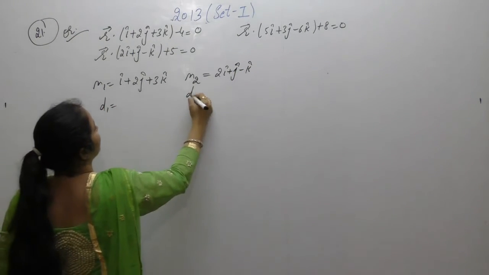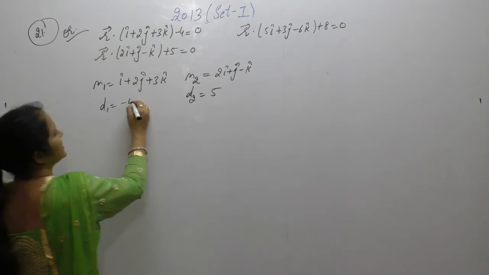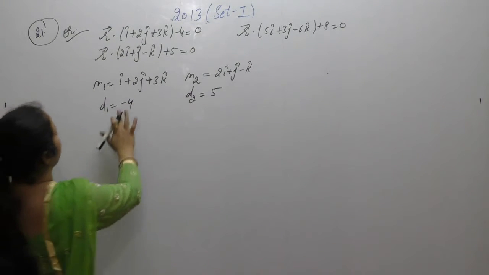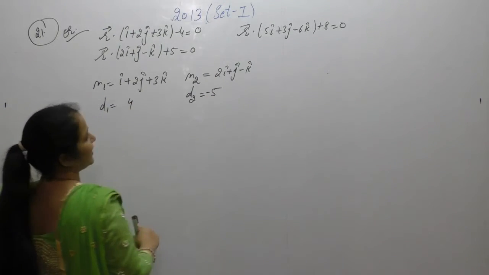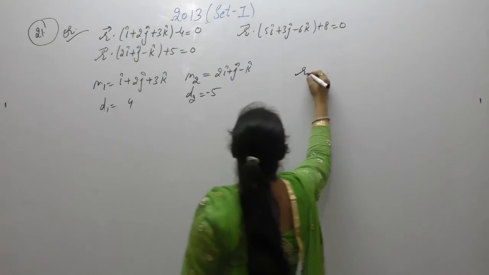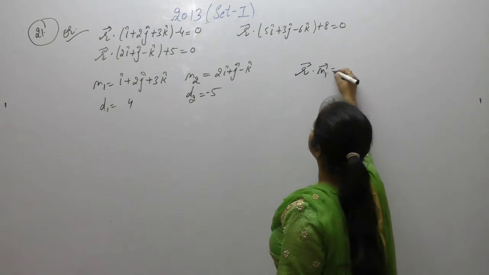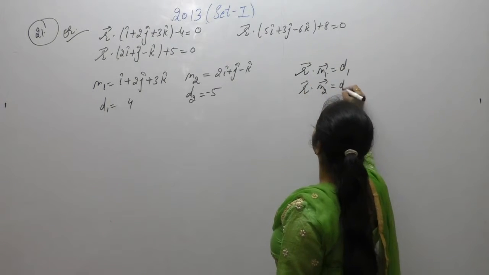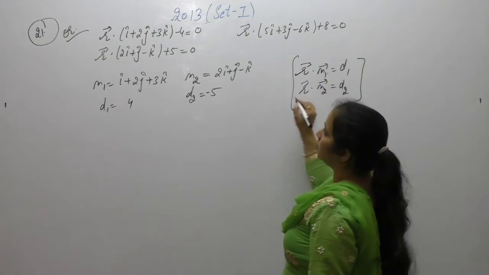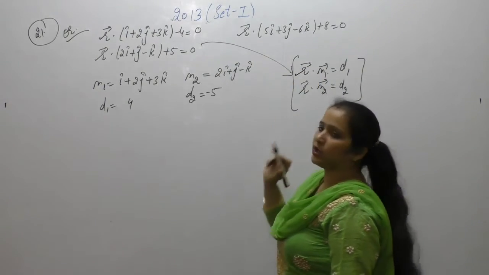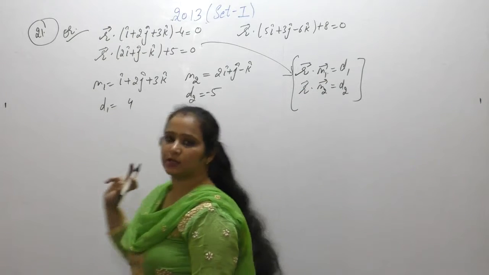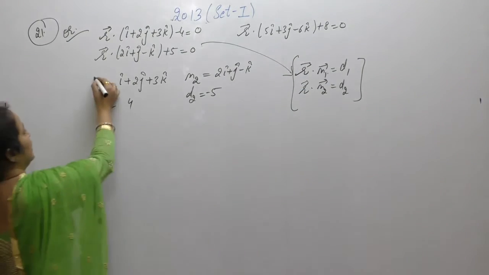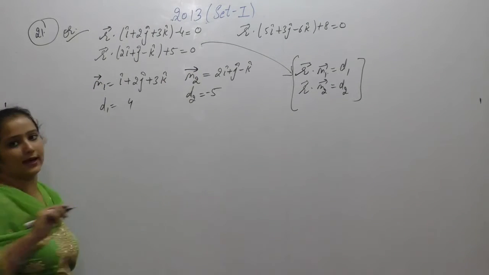Now d1 and d2: d1 is 4 and d2 is minus 5, because the general equation is r dot n equals d. So on comparing these two equations with this, we get the values of n1 vector and n2 vector and d1, d2.